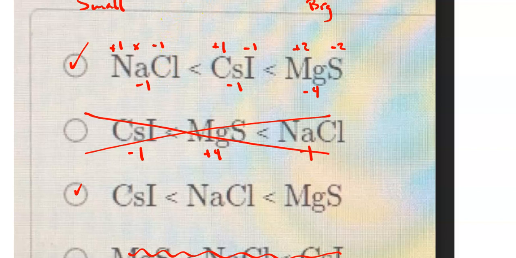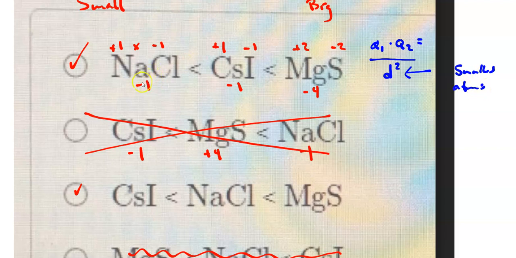Now the next question is, how do I know between these two? First off, we had the Q1 times Q2, and that eliminated it, so we knew the magnesiums. But if they tie, then we need to worry about the distance between them. To get the distance to be as small as possible, we want the smallest atoms.